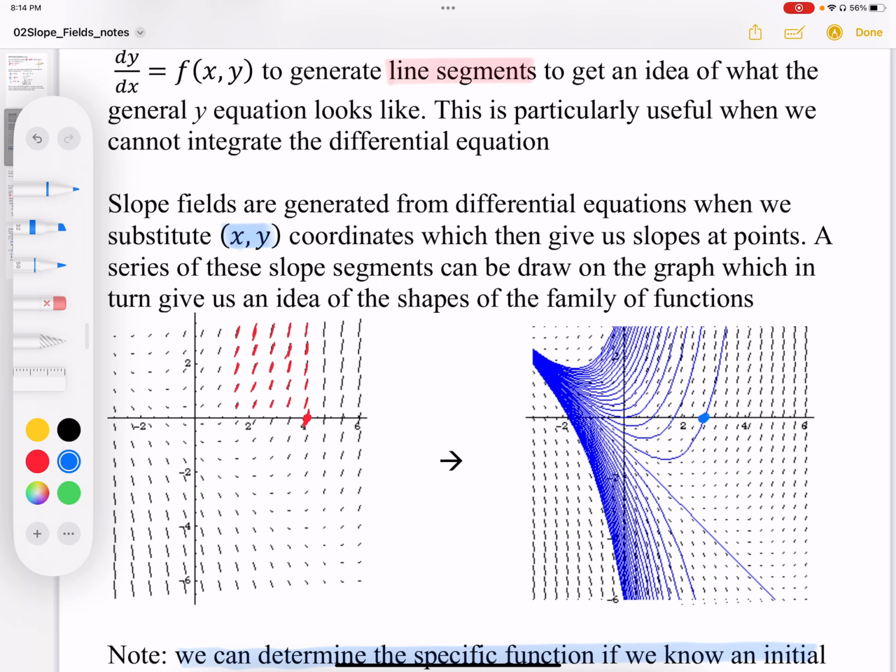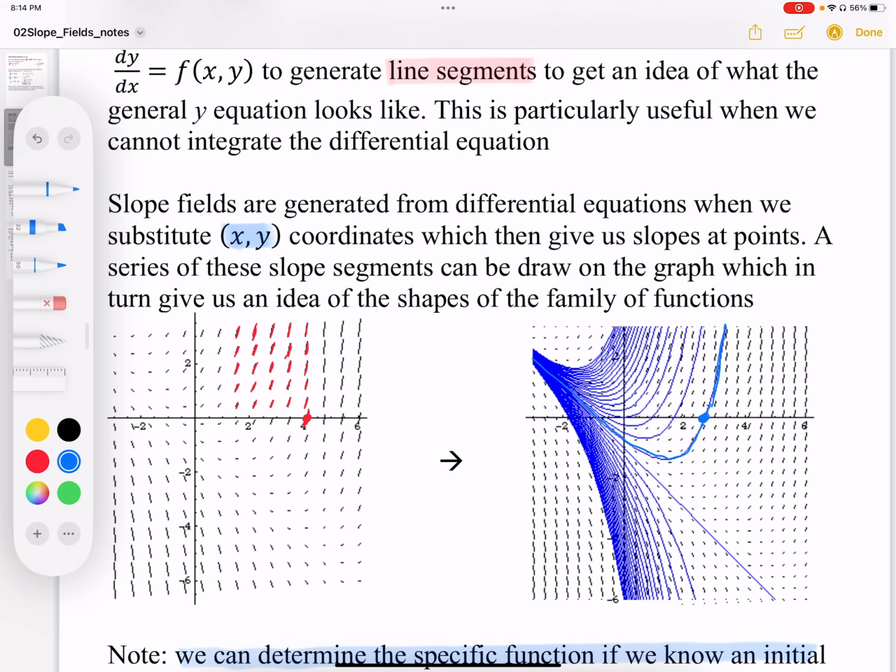So in this case, we can start with a point that looks like about 3.5. And if I follow the slope field line, I can then trace out that one specific curve. Okay, but we're just estimating it by following the slope lines.